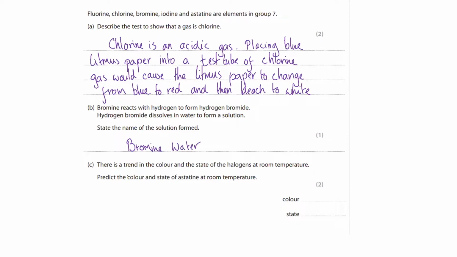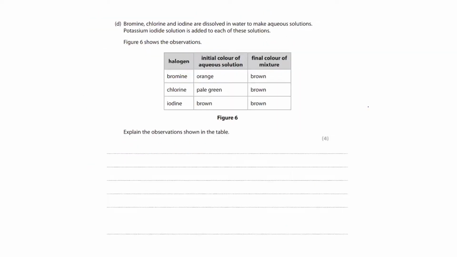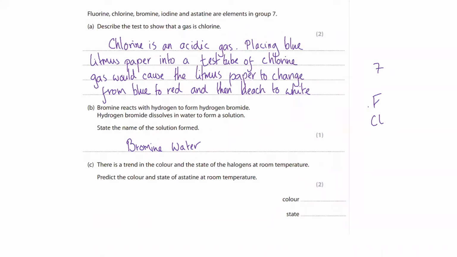There is a trend in the colour and state of the halogens at room temperature. Predict the colour and state of astatine at room temperature. Right, so let's think about it. We've got fluorine, so they're in group 7. Then chlorine, bromine, and astatine.